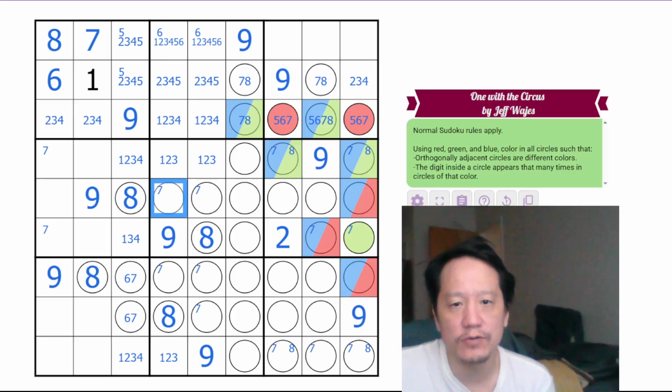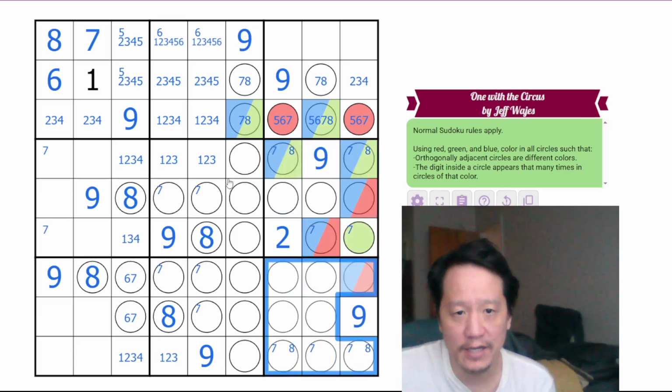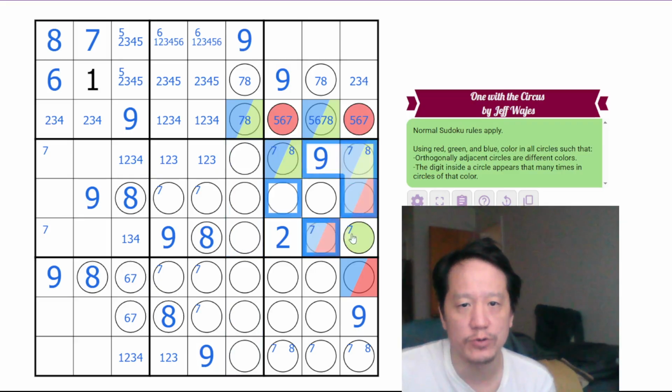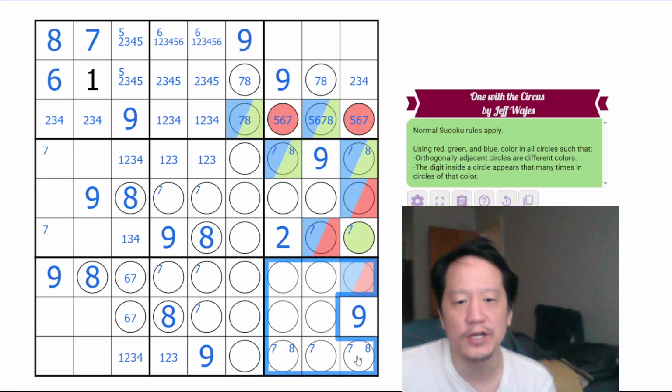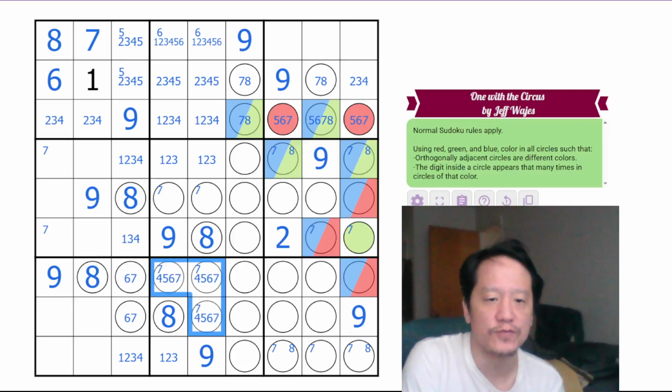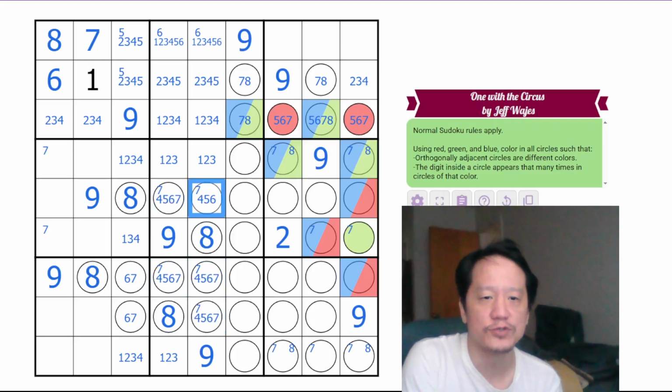We have a guaranteed then 1 and a 3 in a circle in box 6 and box 9 and column 6. Which means if it's not in column 6, box 6, or box 9, 1 and 3 cannot appear in a circle. So 1 and 3 cannot appear in circles here or here. So therefore this is 4 through 7. This is 4 through 7.